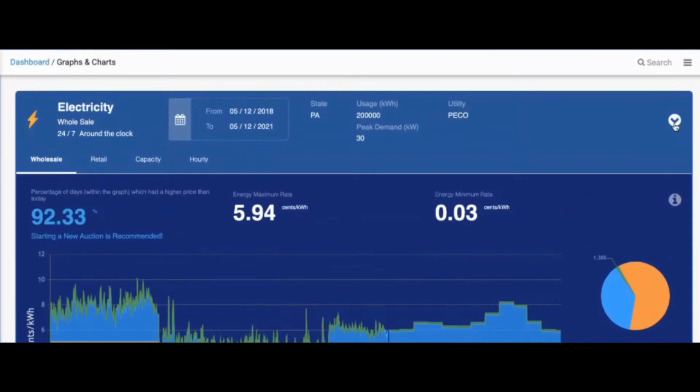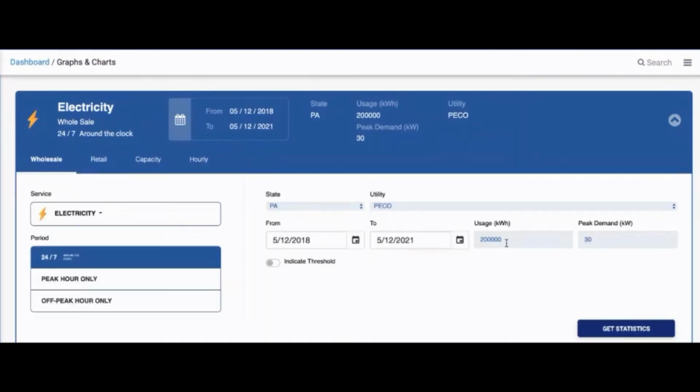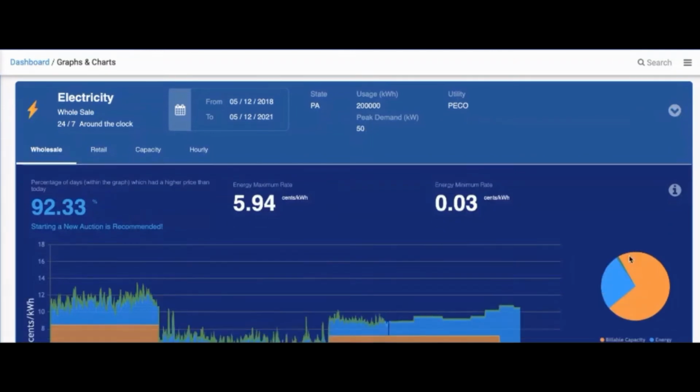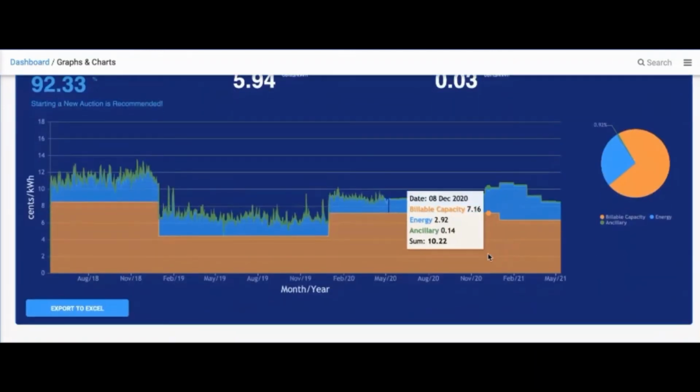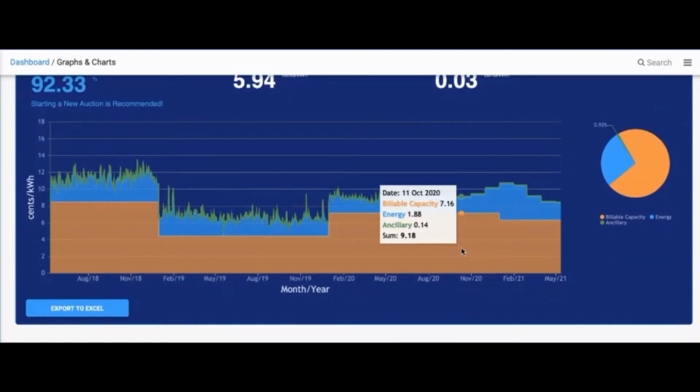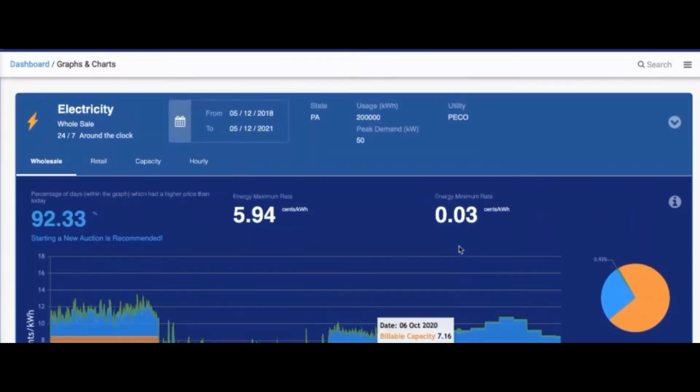One last thing that I wanted to cover here, we talked about 200,000 kilowatt hours. Again, I've done this experiment a few times, but for this particular client, if you look at the kilowatt and you move the kilowatt number, which is a PLC, if you increase the PLC, the load factor will drop and this orange would significantly increase.